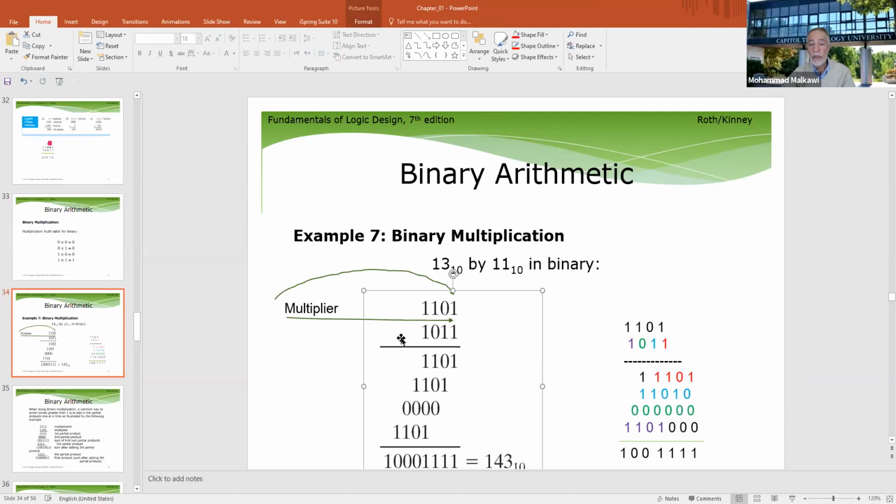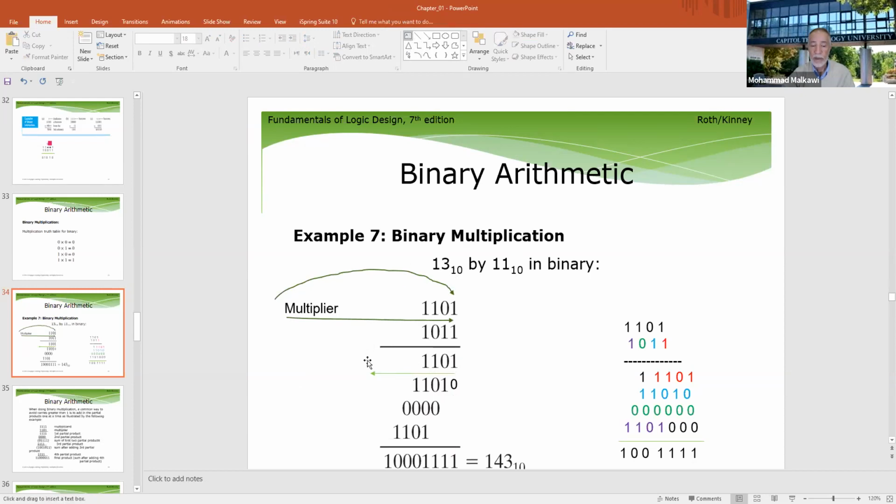Now I do the next bit, but here I do a shift to the left. If I want to be more accurate, there is a 0 here. So when I'm shifting this to the left, it's as if I'm multiplying it by 2. So this is shift left, I will call this.